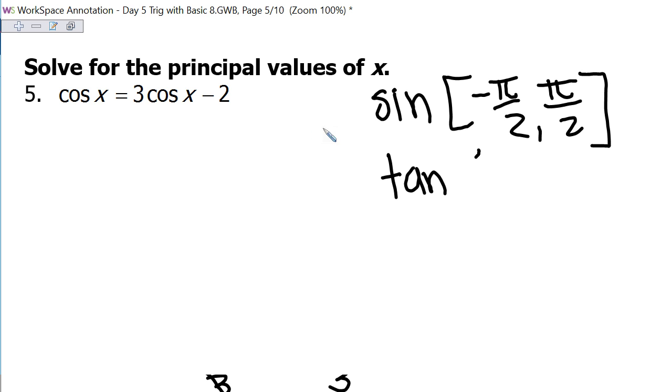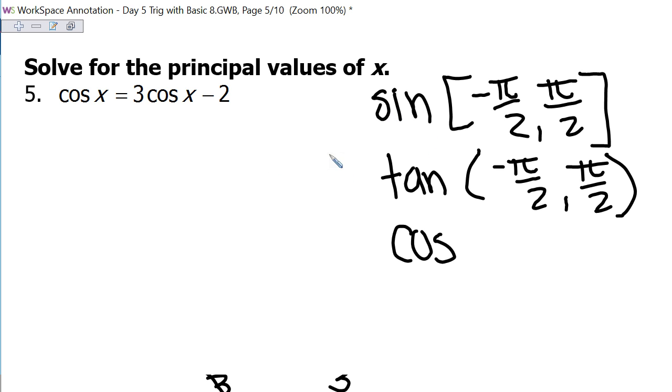Tangent is the same, but it's not inclusive. And cosine is the one that's different, and cosine is functional from what to what? 0 to pi. So we're going to solve these the same way, but we need to restrict our answers to those particular intervals.